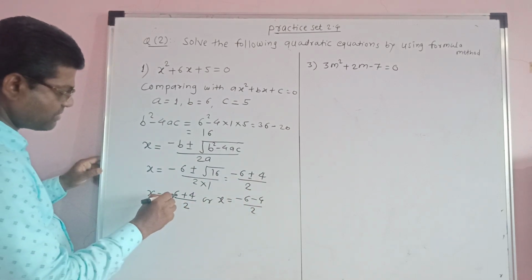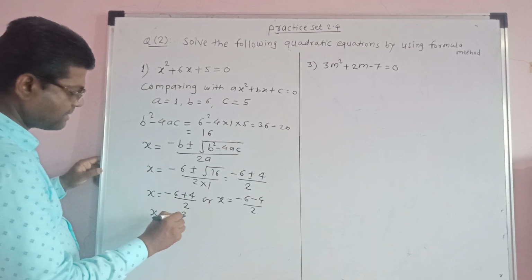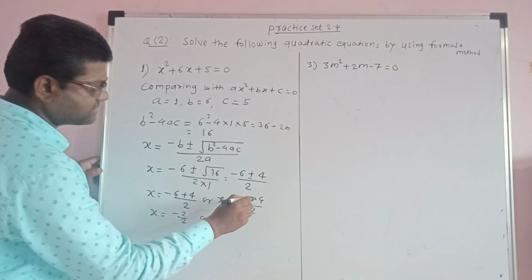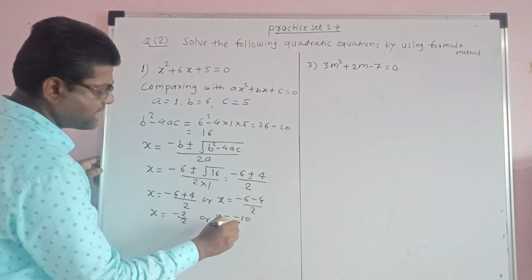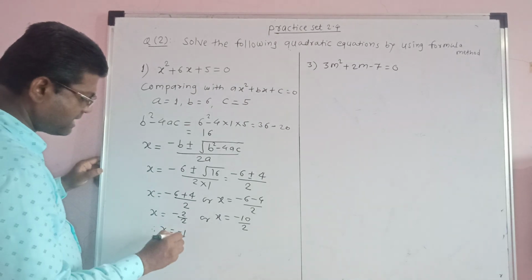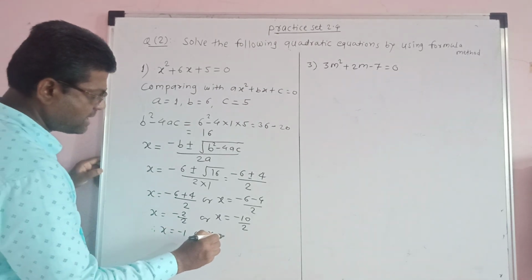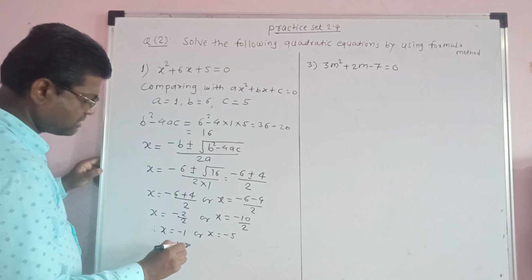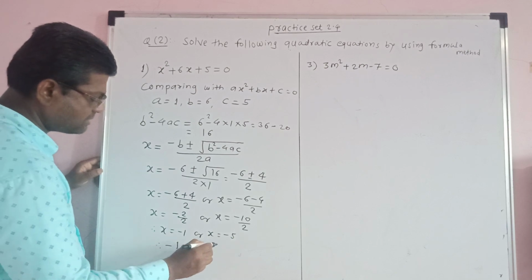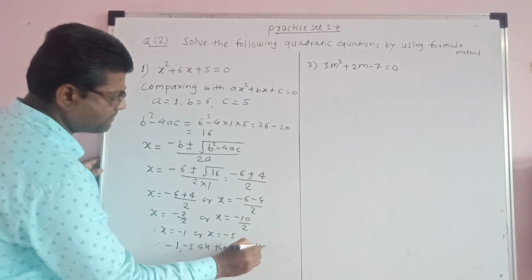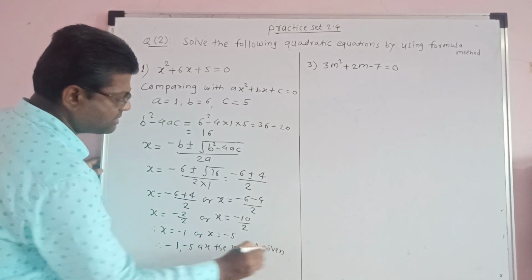Therefore x is equal to minus 6 plus 4, minus 2, upon 2, or x is equal to minus 6 minus 4, minus 10, upon 2. Therefore x is equal to minus 1 or x is equal to minus 5. Therefore minus 1 comma minus 5 are the roots of the given equation.